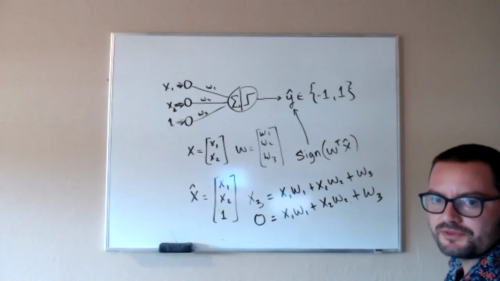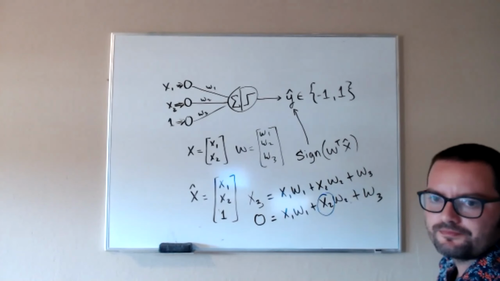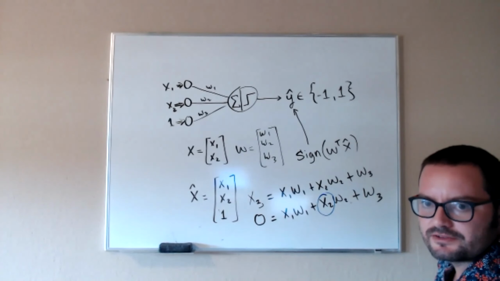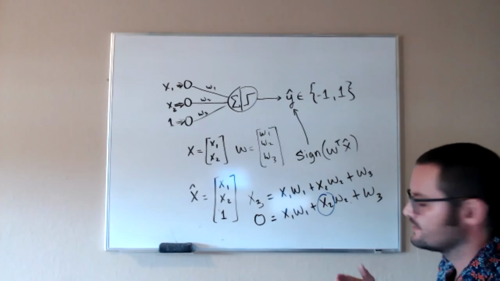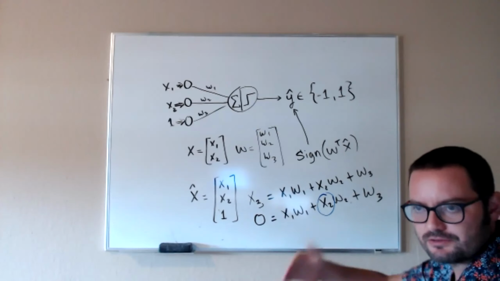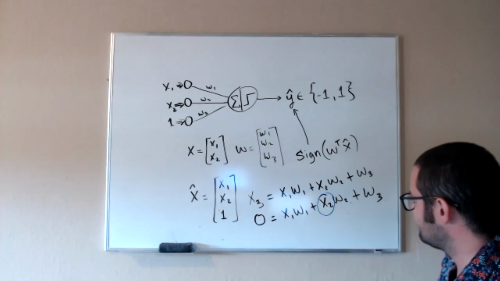Now, if you want to know what this line looks like, you just solve for x2. If you solve for x2, then you're going to get the line that you're curious about, passing through the two-dimensional xy plane. So if you solve for that, what do you get?